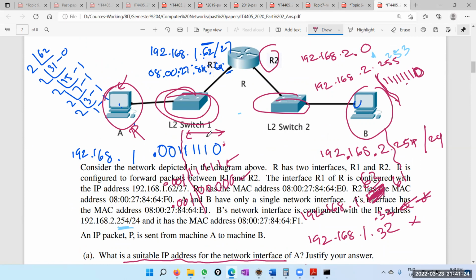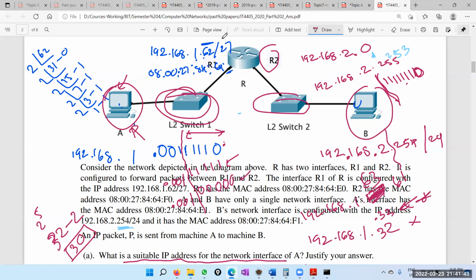5 bits means we have 2 to the power 5 possible IP addresses, that is 32, but 2 we have to reserve. So therefore 32 minus 2. So we can have only a maximum of 30 hosts.